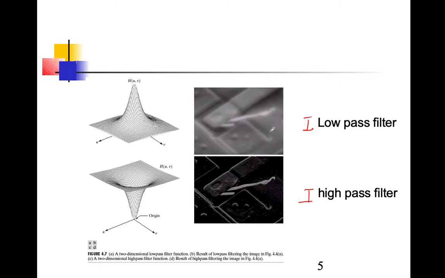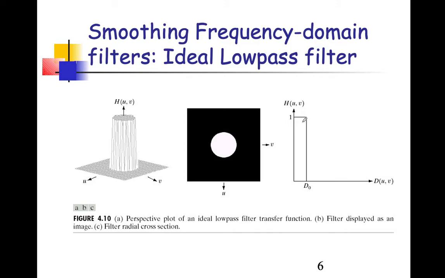It cuts all high frequency components of the Fourier transform that are at a distance greater than a specified distance from the origin.